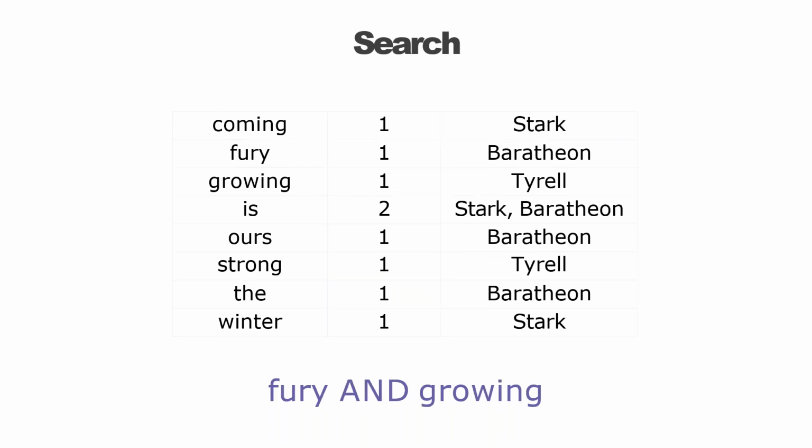But when I search fury and growing, it gives me no document. Why? Because there is no document in which you have the word fury and the word growing. That's the reason. No results.